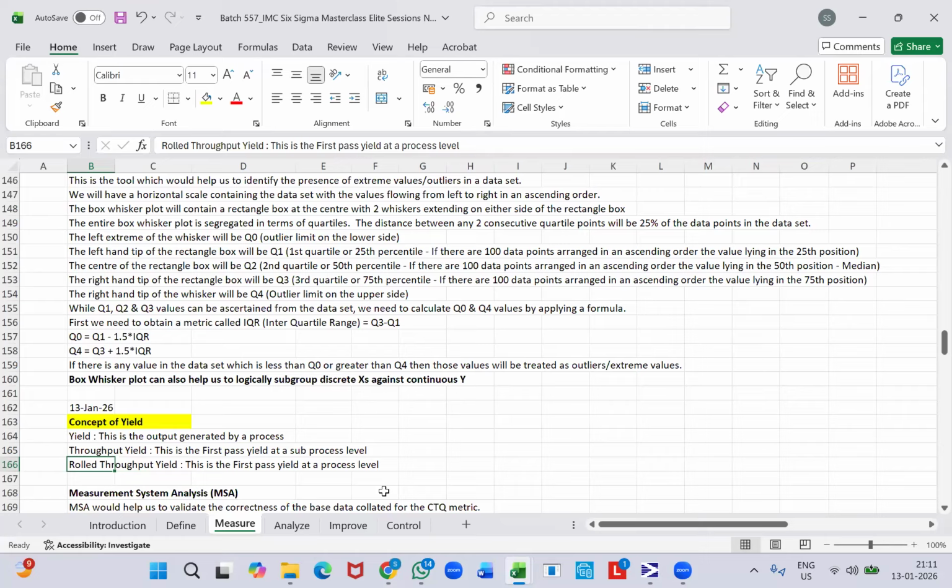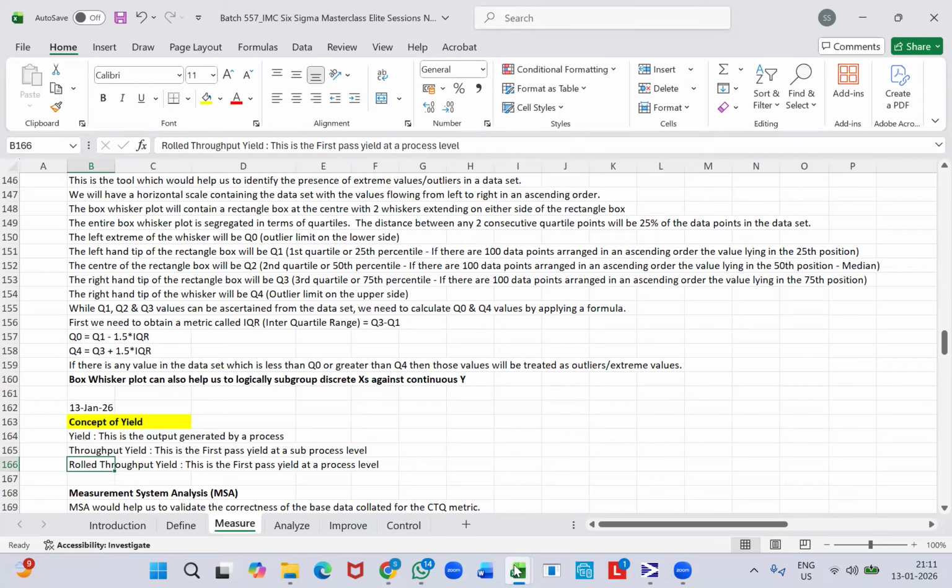So if you are provided with percentage values as throughput yield, we need to first convert all those percentage values into decimals and then simply multiply them to get the roll throughput yield for the entire process. That will be a decimal roll throughput yield value, which can always be converted into a percentage value.